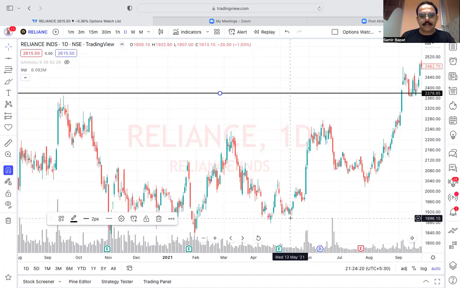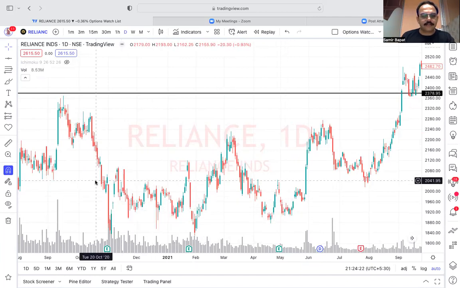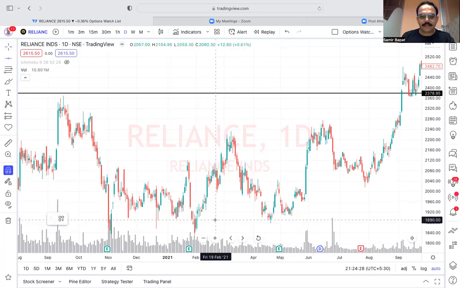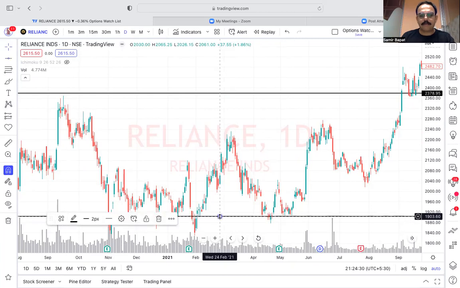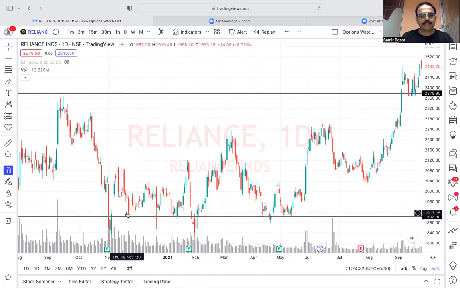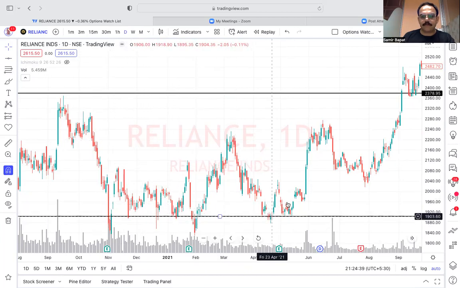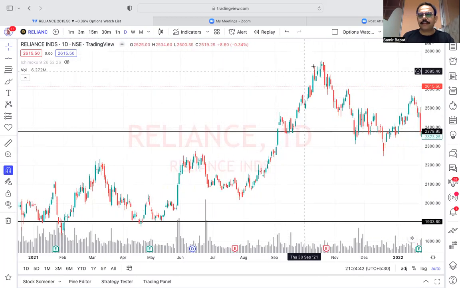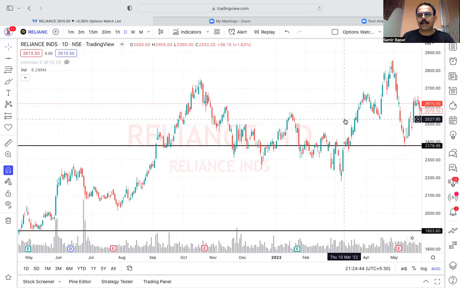Similarly, when you see the previous year, you will see that the price is bouncing from this level. Let's bring one horizontal line here and mark it. You can see the price comes here, bounces from here, kept on bouncing, went up, and finally crossed this line, and now it is bouncing on that.